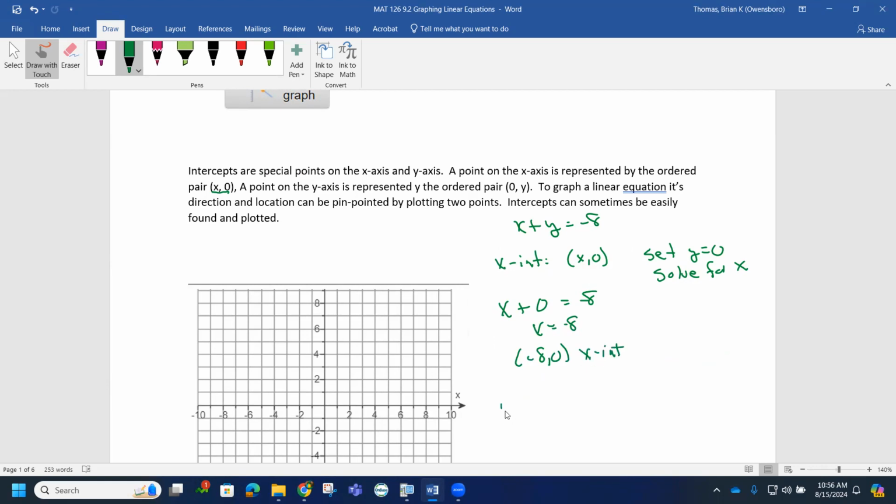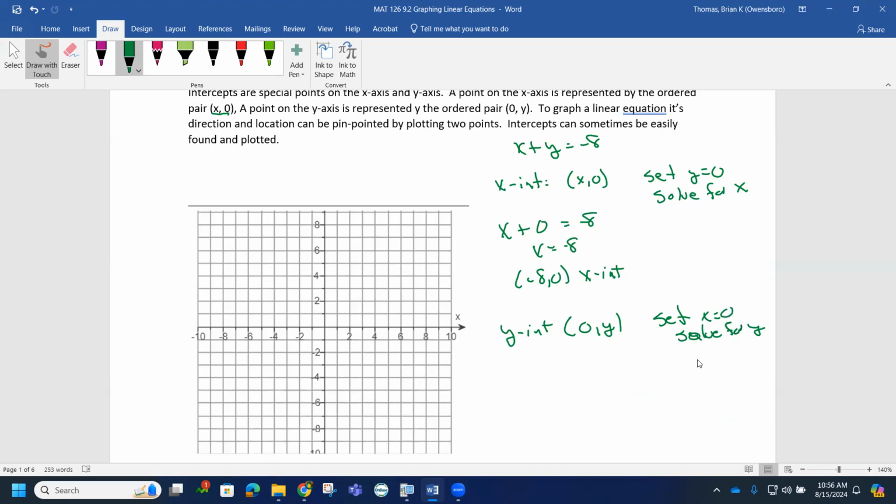Now, if I want to find the y-intercept, the y-intercept is represented by (0, y). So in other words, if I set x equal to 0 and solve for y, this will allow me to find what's called the y-intercept.